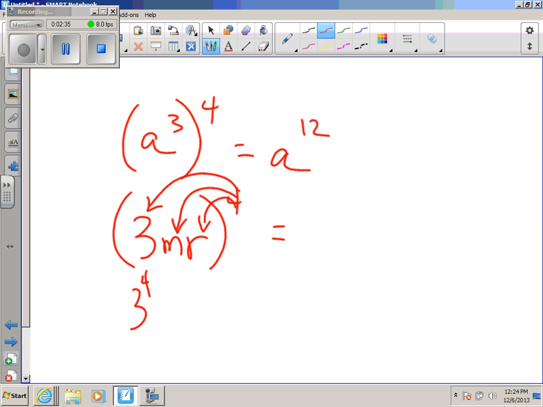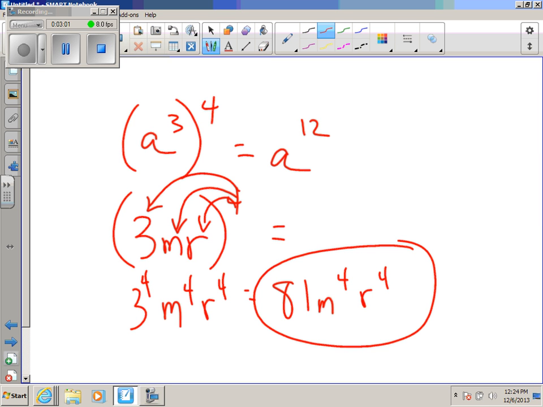So 3 to the fourth power and m to the fourth power and r to the fourth power. What is 3 to the fourth power? 3 times 3, 9, times another 3, 27, times another 3, 81, m to the fourth, r to the fourth.